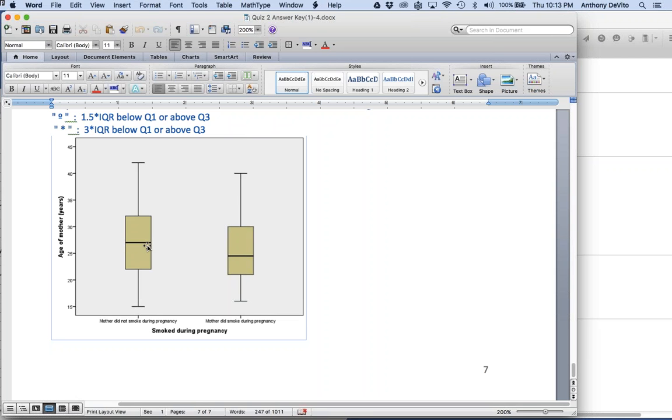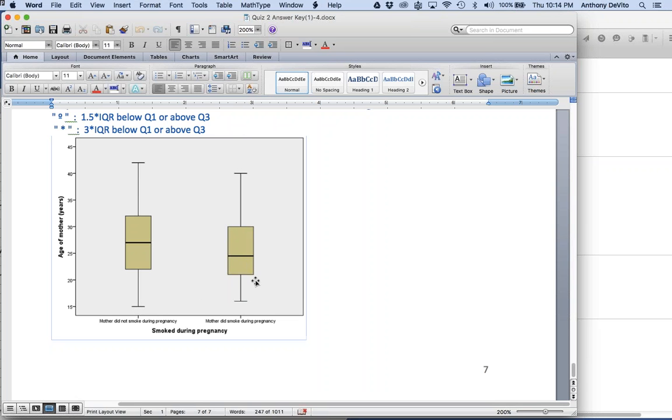The other thing is, see this over here? The median looks like it's pretty close to the middle, doesn't it? That suggests that this distribution, if I looked at it as a histogram, looks pretty symmetrical. This one, the median is squished towards the bottom, which suggests that the age range is wider, like the right tail tends to stretch out a bit, right?